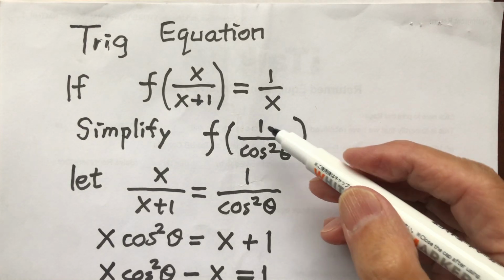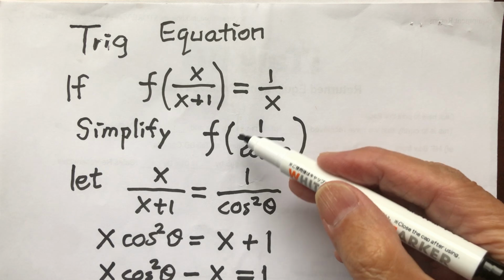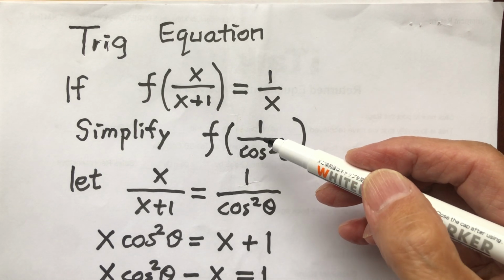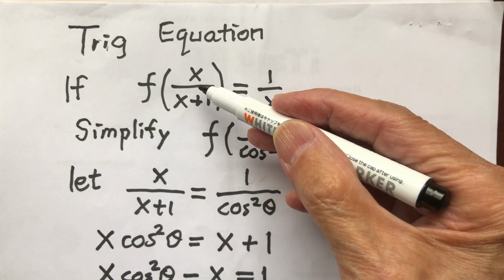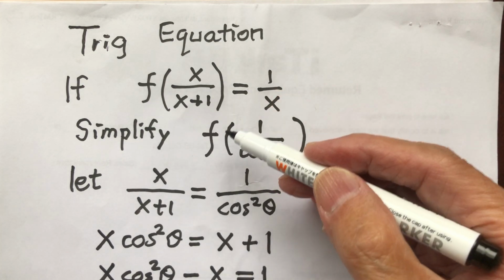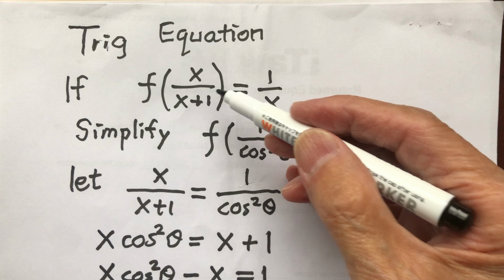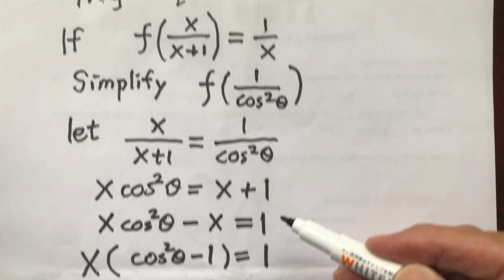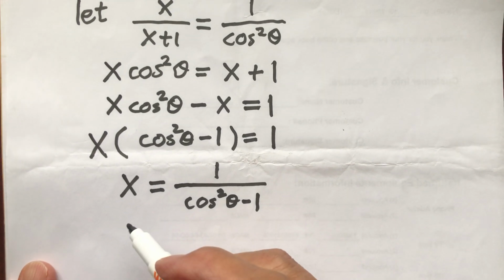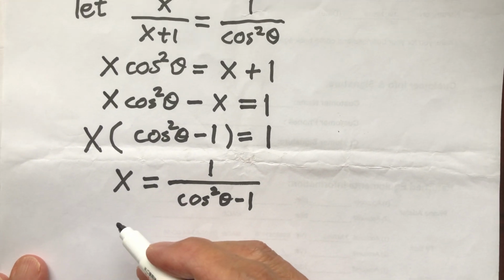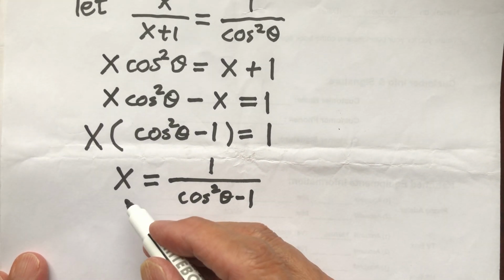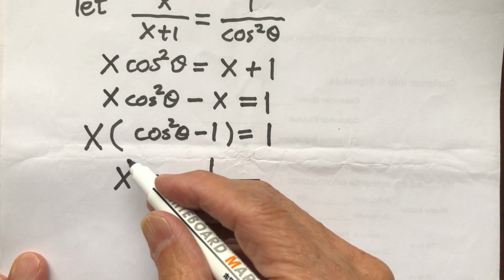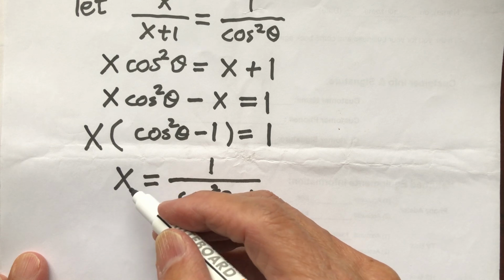We want to simplify this, and because I identify this as the same as that, if I simplify this, what I get is 1 over x. Now I have x here. So what is 1 over x? 1 over x is the reciprocal of the left-hand side.